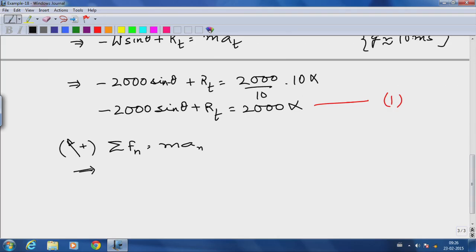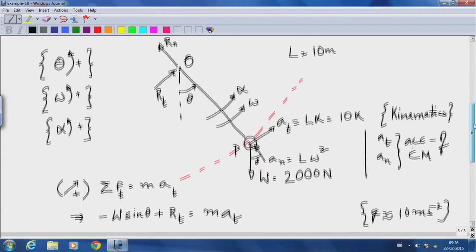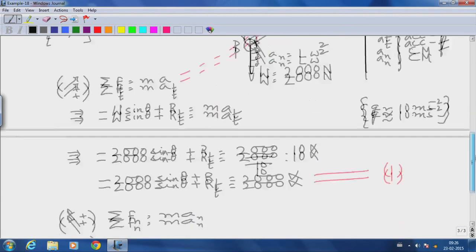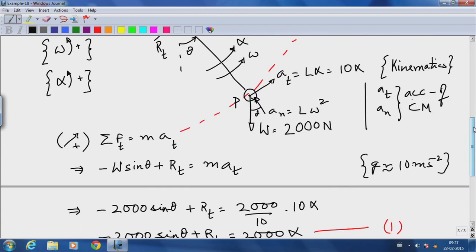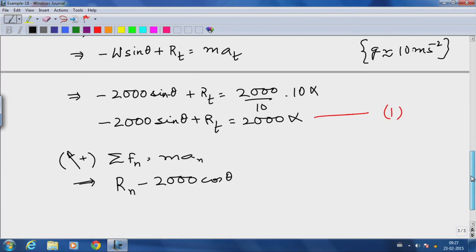So, this implies I have R n acting in that direction minus 2000 cosine theta, because the weight of the particle acts opposite to the chosen sign convention.